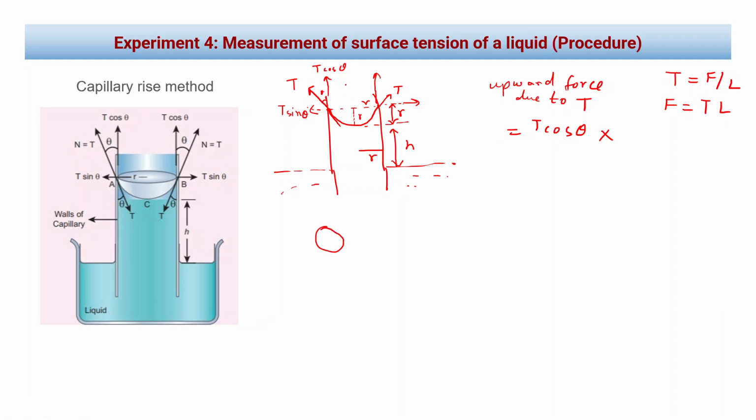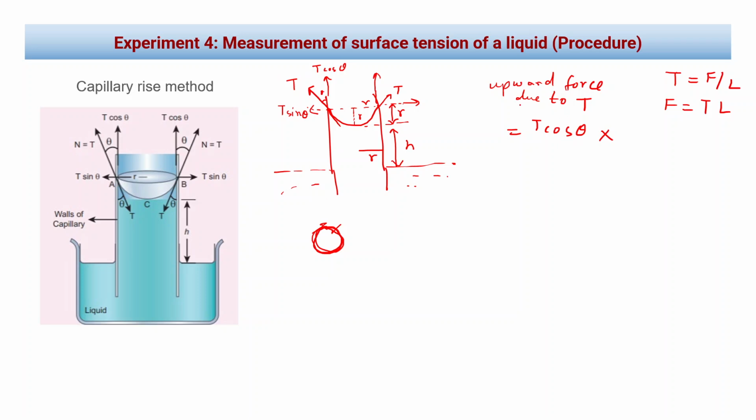If I look from the top, then this is the capillary, right? This is the face of this capillary tube, and the liquid is also in the same shape. I mean, it's a circle. On all this perimeter, tangentially, the surface tension is acting.